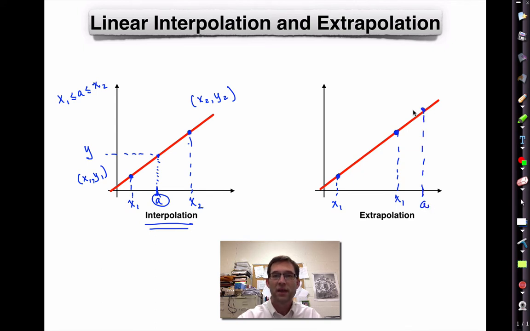Now, as many of you have probably learned in science classes and other classes, extrapolation is a bit dangerous, right? Extrapolating, well, you never know, right? Maybe the trend between those two data points extends for a while beyond it, but maybe it doesn't, right? Interpolation tends to be safer than extrapolation in terms of its predictive value, but they can both be good and they can both be bad.